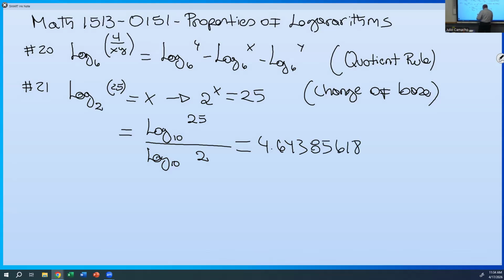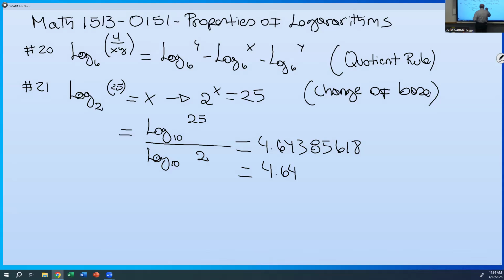But you need to see if they are asking, in the assignment, to round to 2 decimals. So if I need to round this answer to 2 decimals, I'll have a 4, and then I go to 64 and I look at the number to the right of my hundredths place.